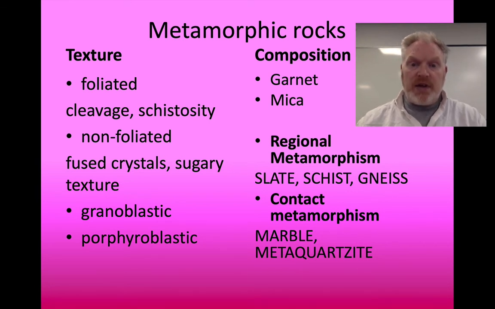Marble is made of calcite. Metaquartzite, as the name suggests, is made of quartz. So, what I'd like you to do is use these labels to annotate the diagrams of rocks on page 4 and to name each of those rocks as well. Have a go at that now.